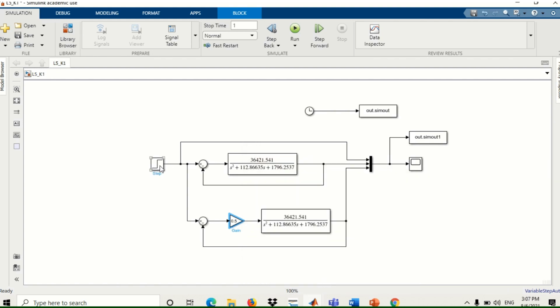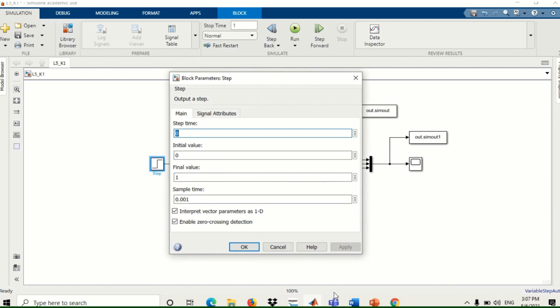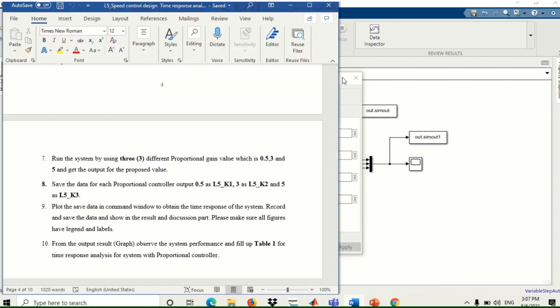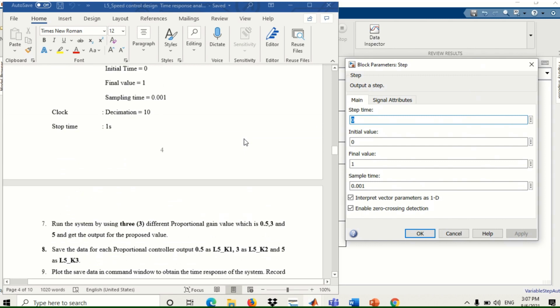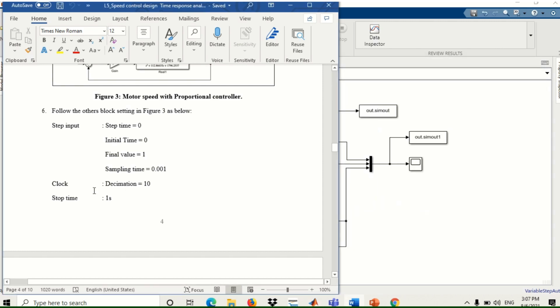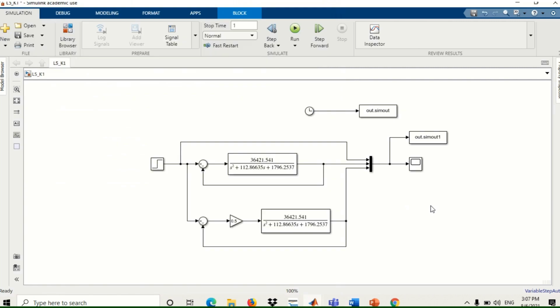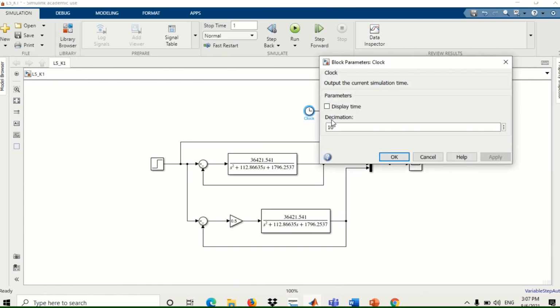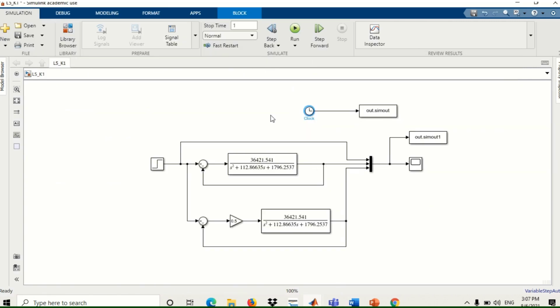Second, we change the values for the step in the Lect sheet. Step time 0, initial time 0, final value 1, and sampling time 0.001. Okay, and then we change the value for clock. Dimension 10, then okay.